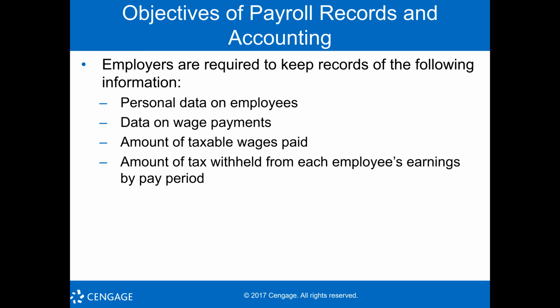But as far as the information kept per employee, just like it shows here, employers are required to keep records on all their employees' personal data, data on the wage payments, in other words, how we calculated gross pay, deductions, net pay, amount of taxable wages paid, amount of tax withheld from each employee's earnings by pay period. So these are the numbers that we're calculating as we fill in this payroll register, right?